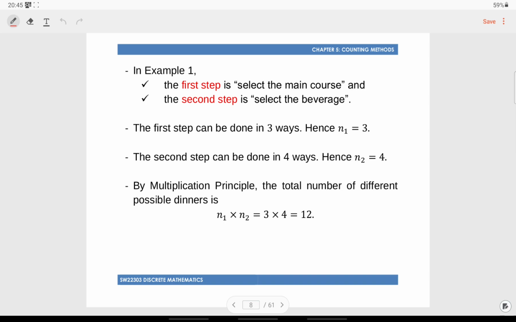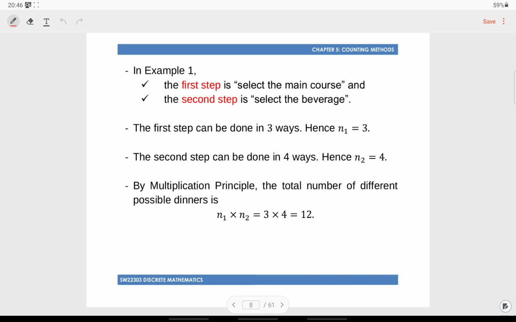This selection can be done in 2 successive steps, where the first step can be done in how many different ways? There are 3 different main courses, so the first step can be done in 3 different ways. For the second step, how many different beverages? There are 4 different beverages, so the second step can be done in 4 different ways.